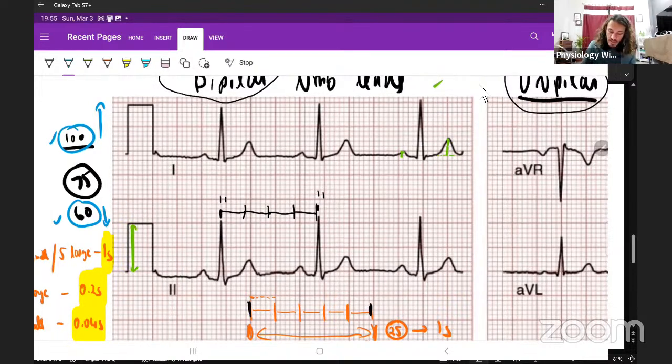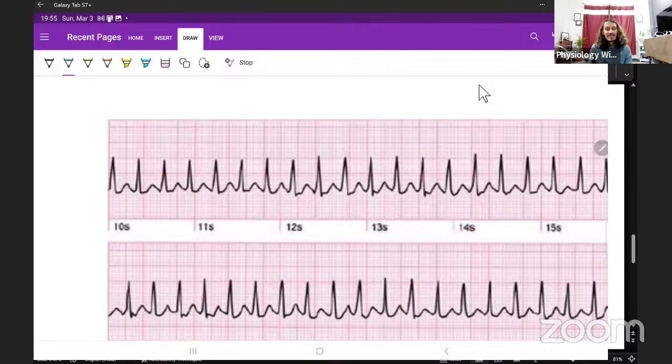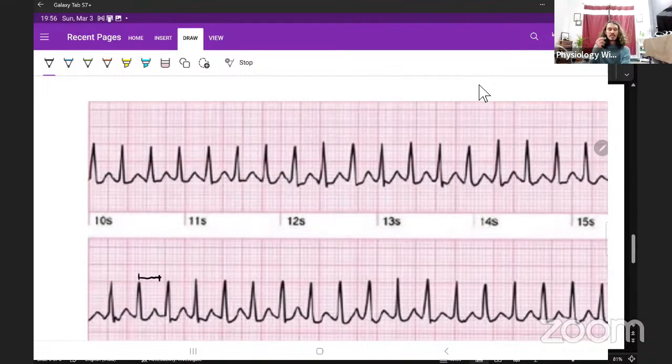Just to give you an example, can you just take a look at this and try to calculate the heart rate? You just see this is going to be from here to around here. It's not that clear. Okay. But around here, this is going to be one large box. So in situations like this is where you actually utilize the 1500 formula to get a more accurate picture.